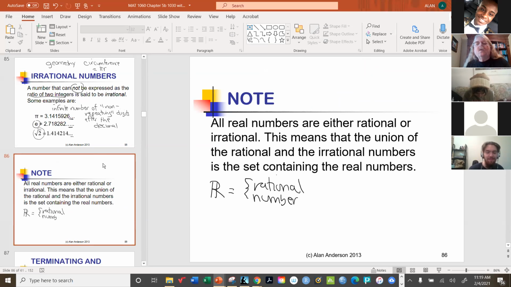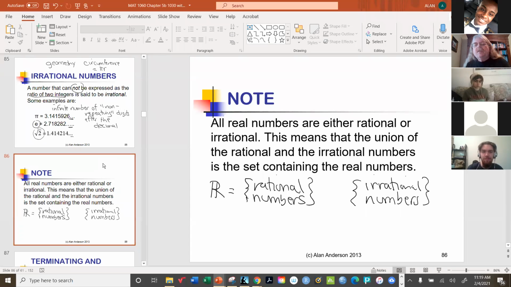If you take the set of all rational numbers and the set of all irrational numbers, and remember, we're using fancy R to represent the real numbers, I'm going to do a set operation on here. What is this? What does that symbol represent in English?